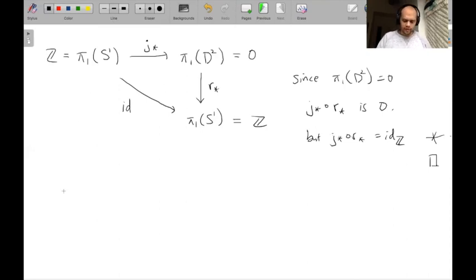Right, so final thing, final application, and this is a corollary to the corollary. This is called the Brouwer fixed point theorem.